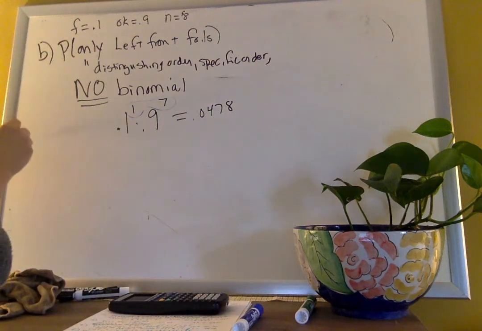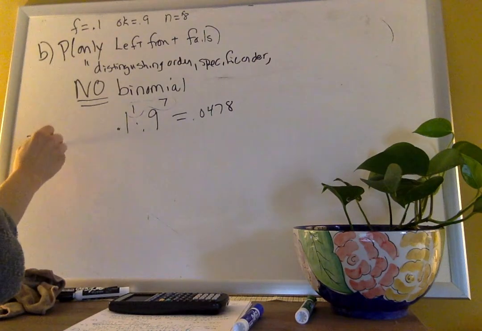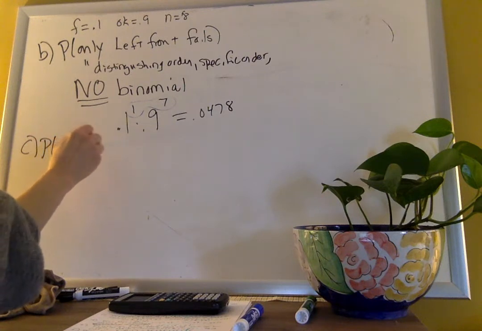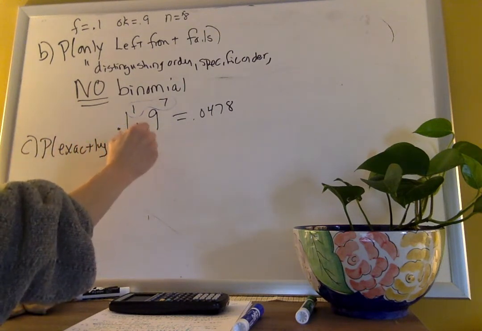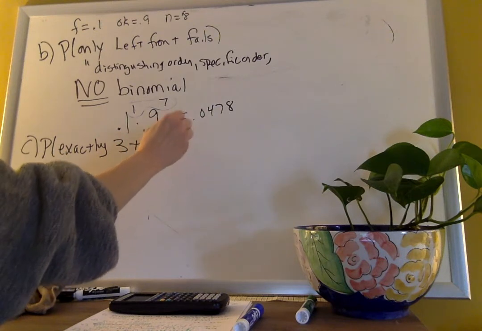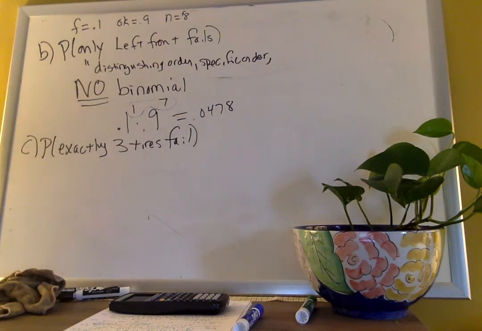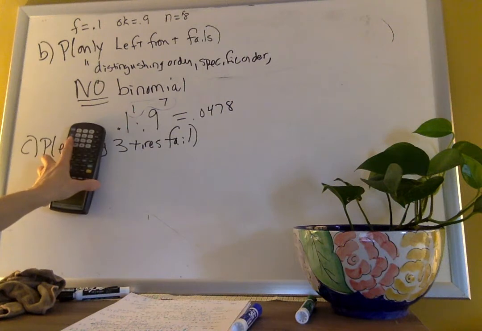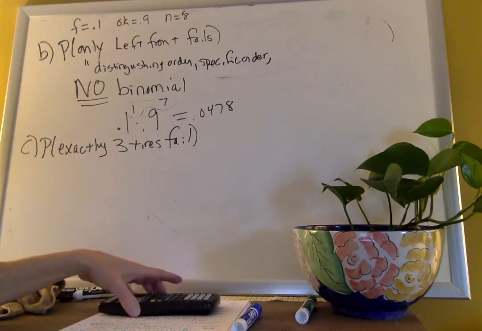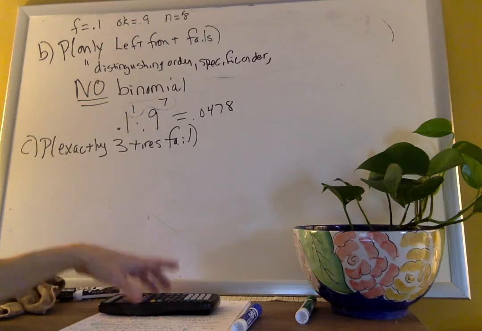All right, how about part C? What's the probability exactly 3 tires fail? Now, I have learned through the last 15 years there is no English word that every student is happy with. I used to simply say, what's the probability 3 tires fail? Students were not clear on that, on whether I knew which 3 or not.